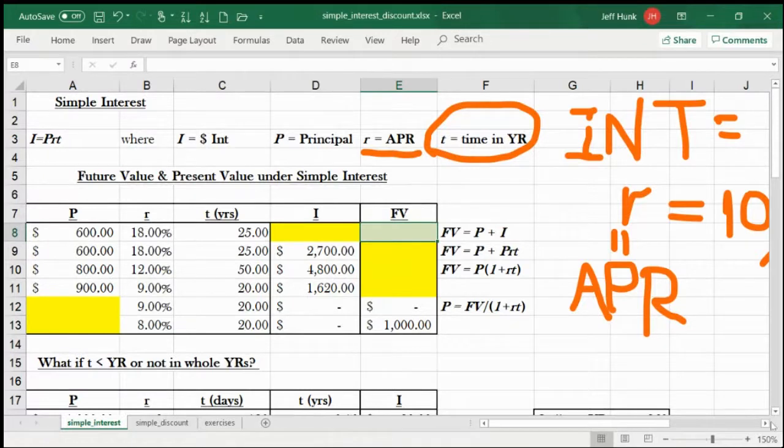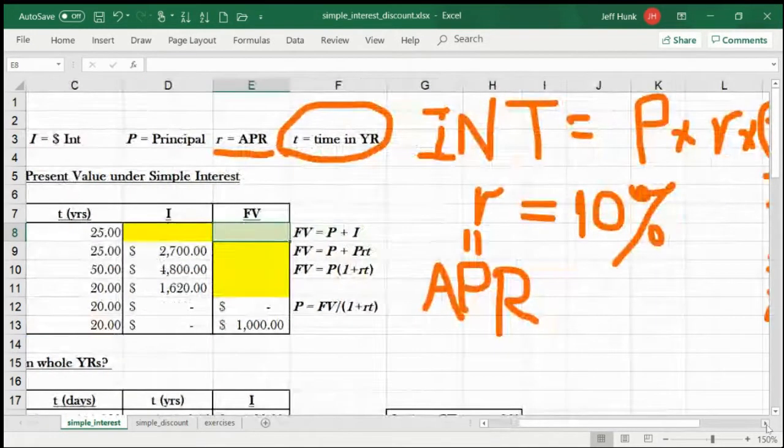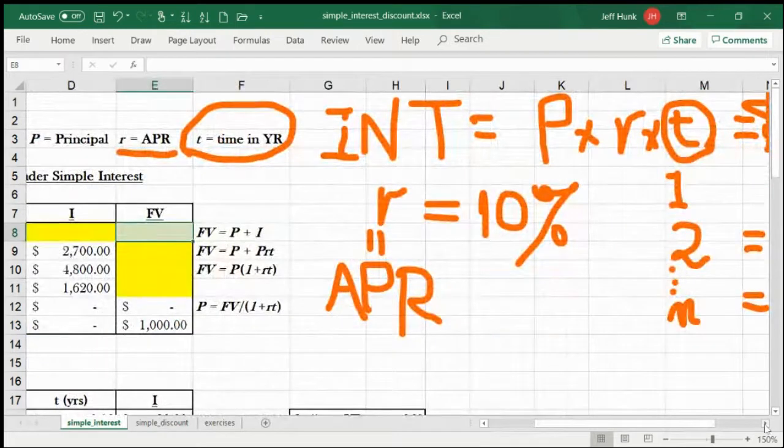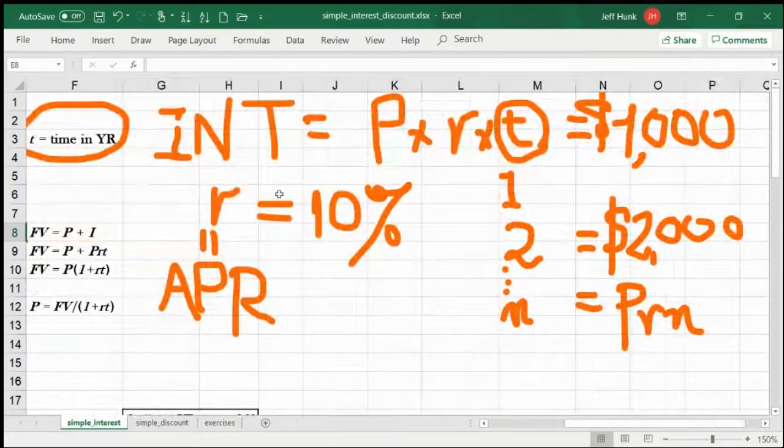Now, first, let's define some concepts. First of all, think about it. If you put your $10,000 for 1 year at 10% interest rate, you know the interest will be $1,000.